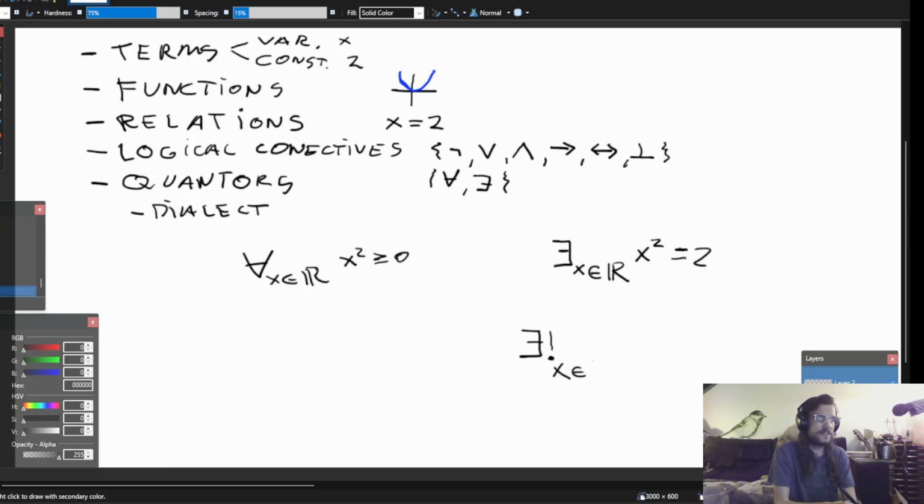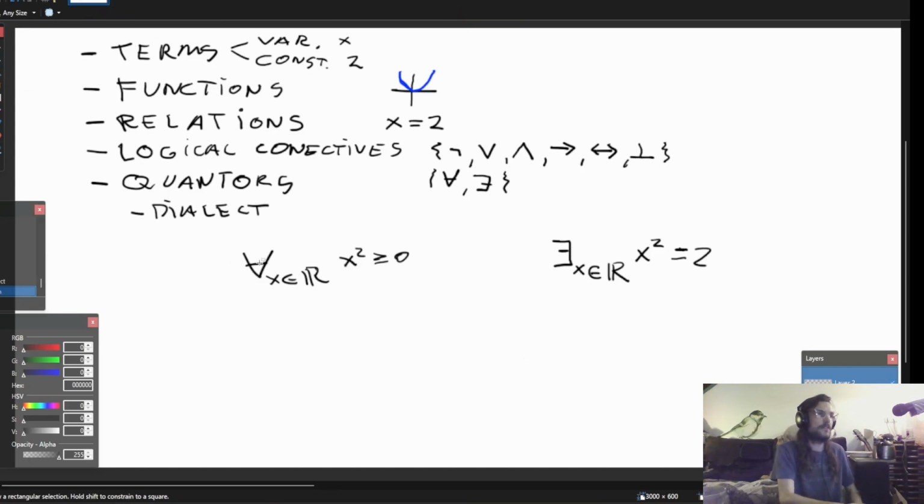So, for instance, this statement would not be true because this quantor is asking for a unique solution, and there are of course two solutions to this relation here. So this would only be true if we only take the positive reals, otherwise minus the square root of 2 would also be a solution. So that is what this exclamation mark does if you see it with the existence quantor. It makes it the exclusive OR statements instead of normal OR statements.